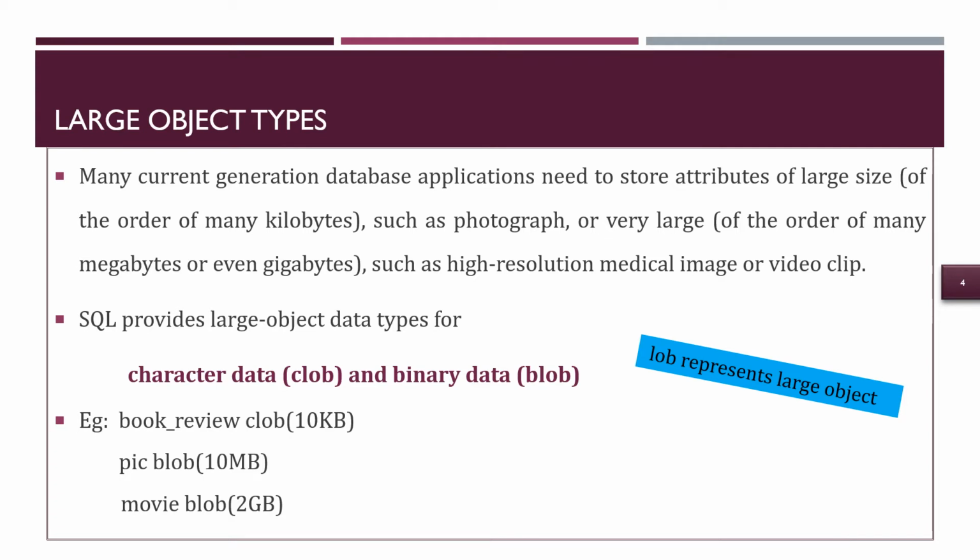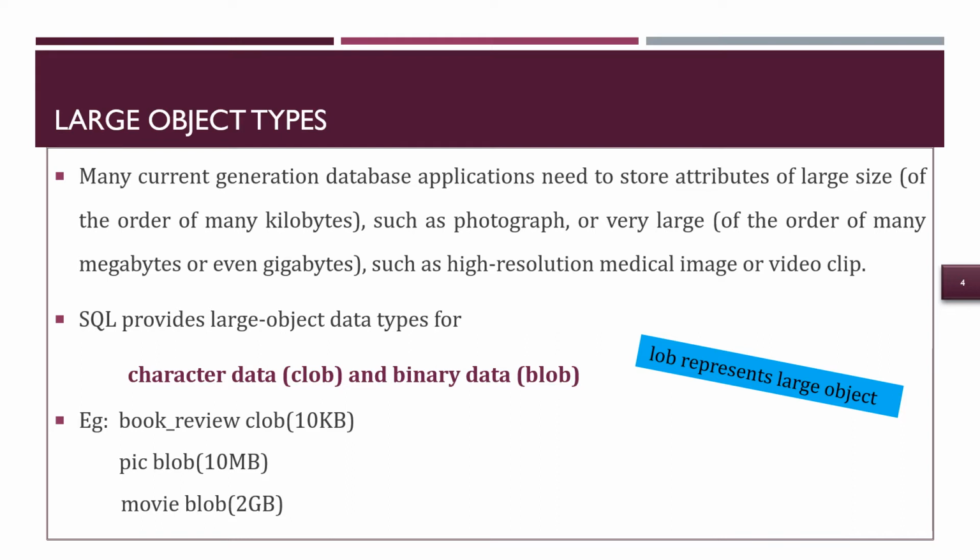Now let us look into some examples. The book_review is a variable which can be used for storing a large amount of user reviews, which is in the form of characters. So the data type to be used here is CLOB, and we have to specify the size also. We can have a maximum of 10 kilobytes to store the book reviews in the variable book_review.